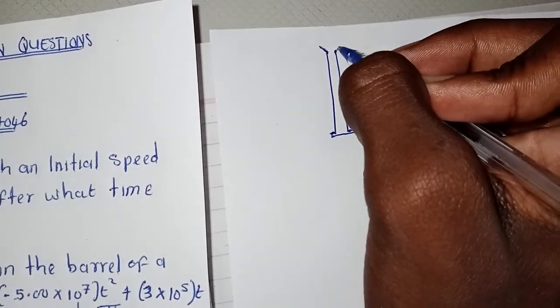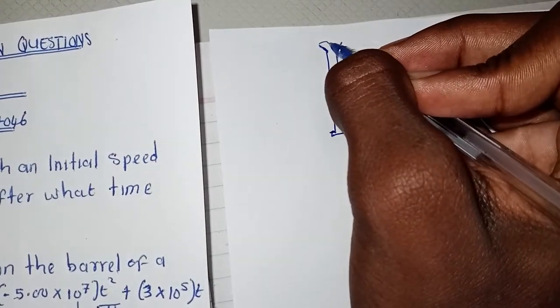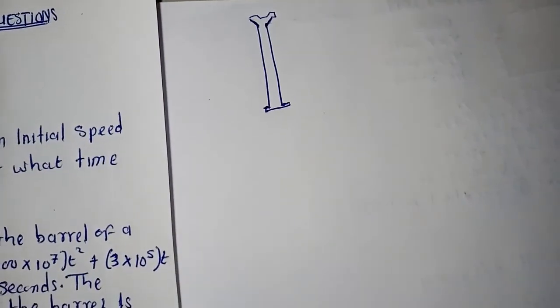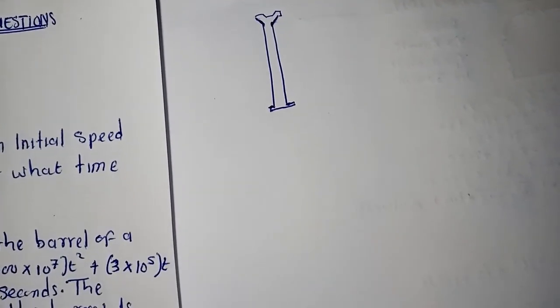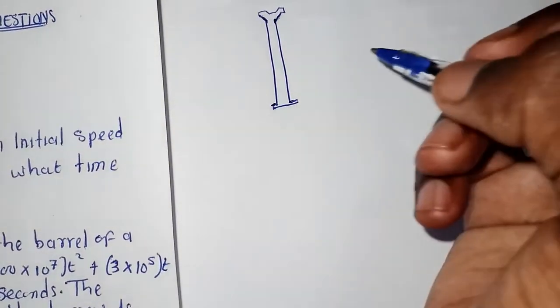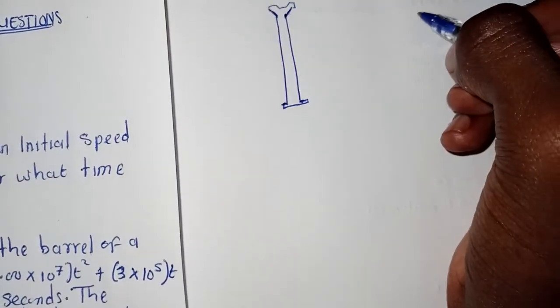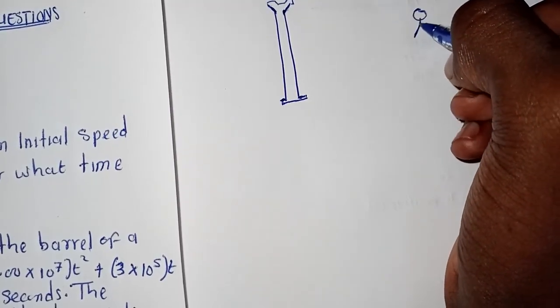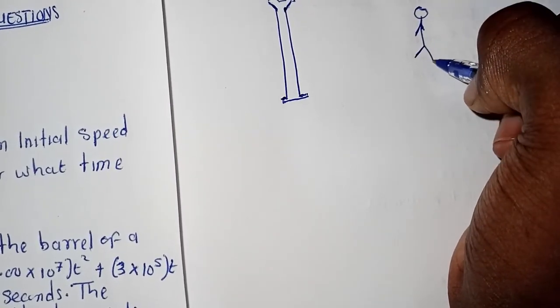I don't know how you draw this thing, it's a castle, something like this, it looks like a bone. All right, then let's say we have a person standing here. Let's name this person the attacker.